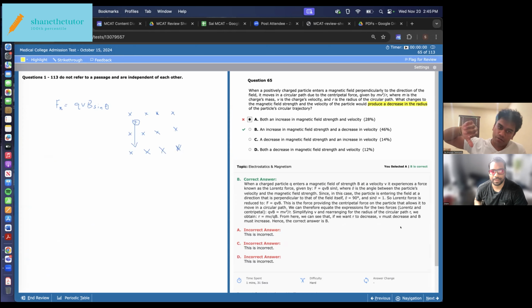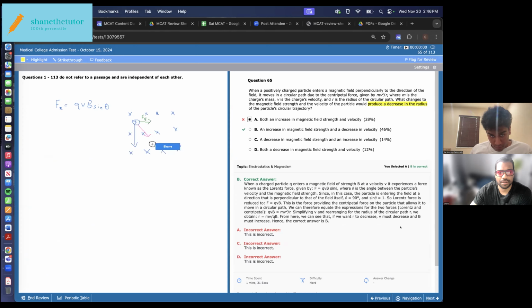Should be to the left, right? No, to the right. Yeah, to the right. And that means it would start moving in this direction, right? Yep. Now once it's here and it's moving here, what's the magnetic force?